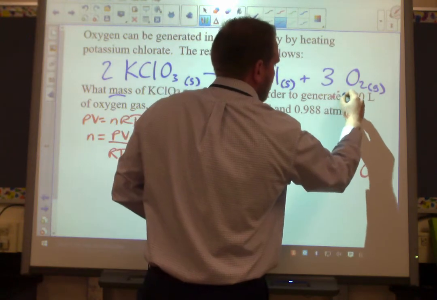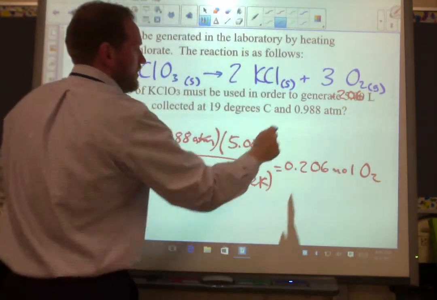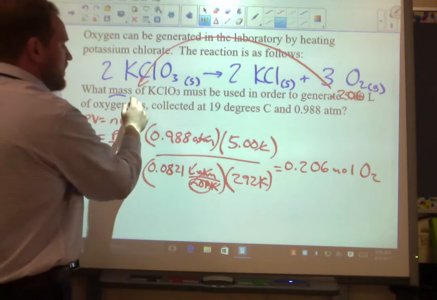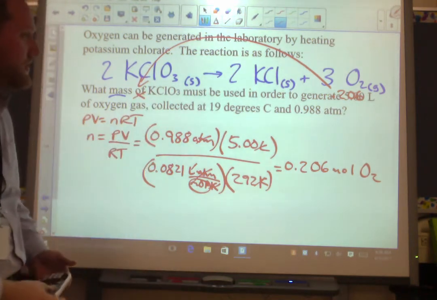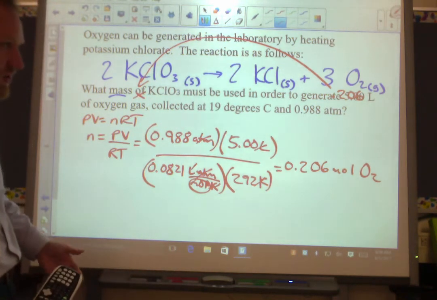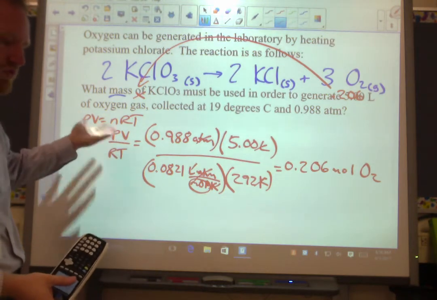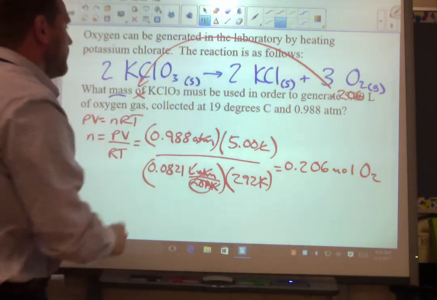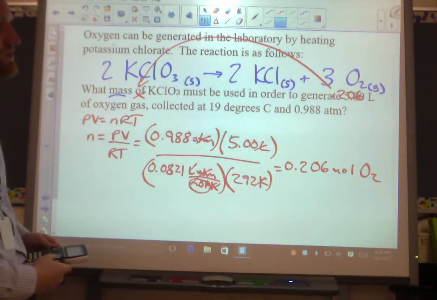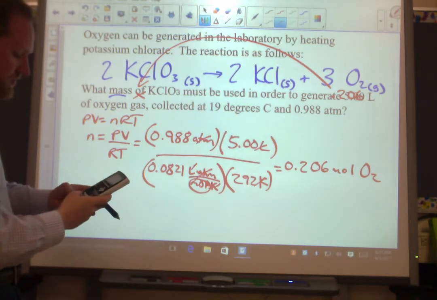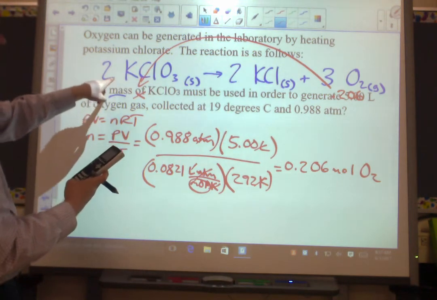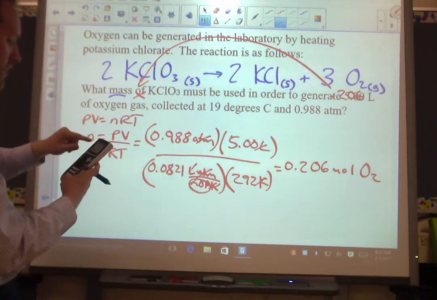So let's put that right here. Now I need to see how many this correlates to. So that's like my x. You can set this up with mole ratios, like cross multiplying, or you can just say, well, look, it's a 3:2 ratio. That's getting 1.5 times smaller. So I'm going to divide 0.206 by 1.5, and that's going to become 0.137.